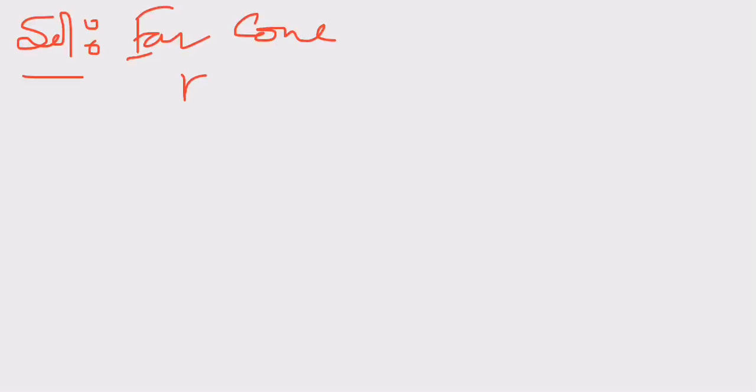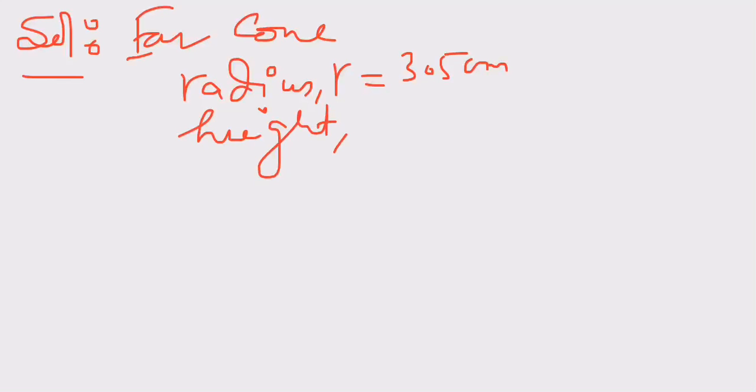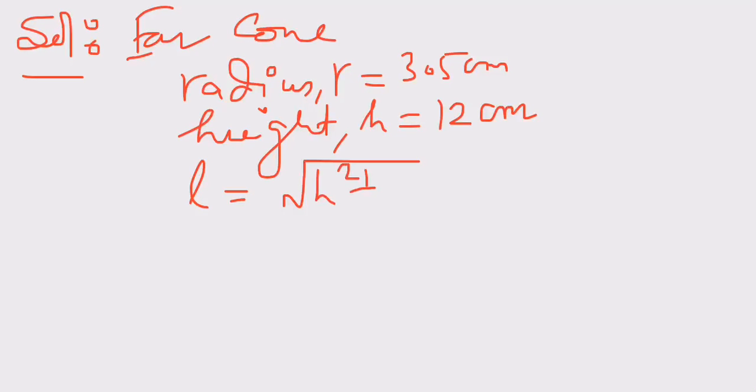So the main solution starts from here. Now I will do it very fast for you guys. So you will have to start the solution like this. For cone, we have radius r is equal to 3.5 centimeter, height h is 12 centimeter, which we have already discussed, and slant height we have obtained, that is the square root of h square plus r square.